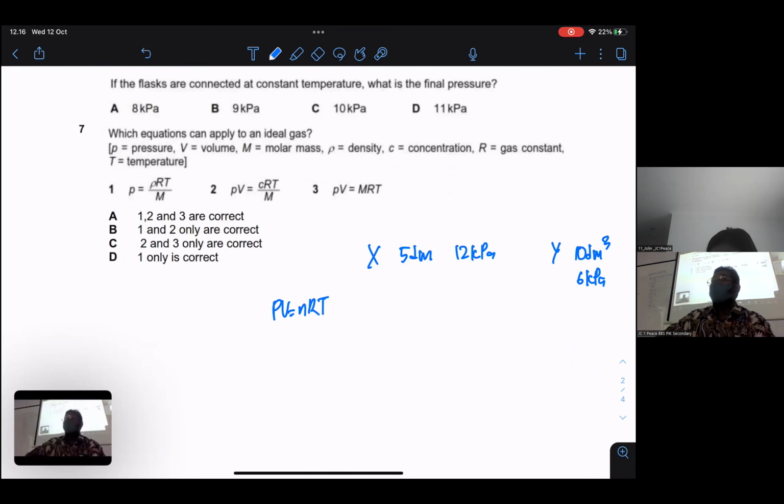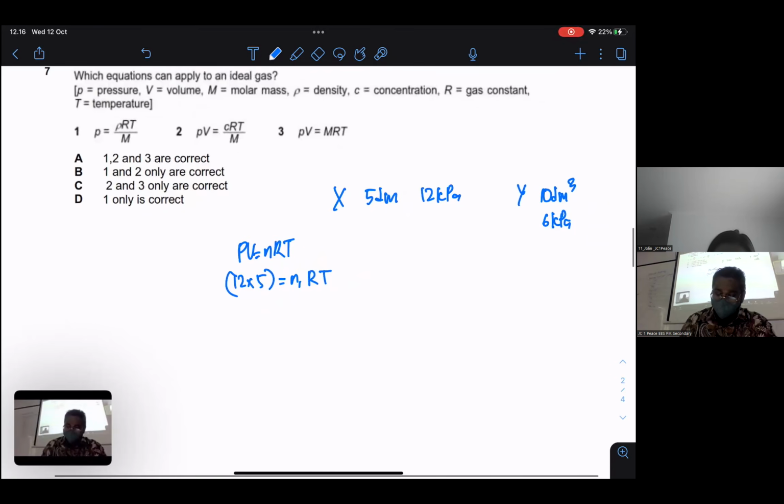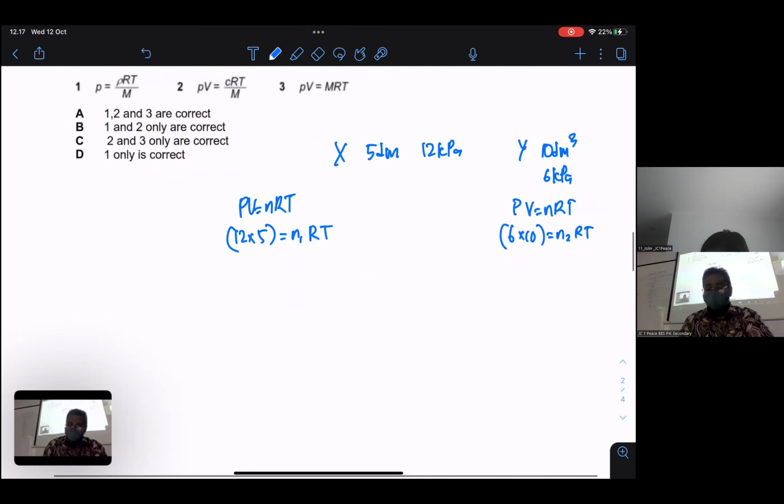I'm using the same units over here, so I'm not converting the units. So 12 times 5, I'm using n1, so RT. Then this one is PV equals nRT also, so this one is going to be 6 times 10. I'm using n2RT. Now, after you mix them together, you are going to have P1 contributed by this X.